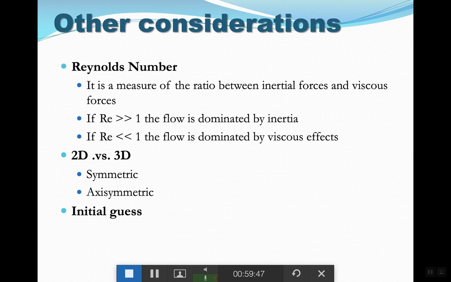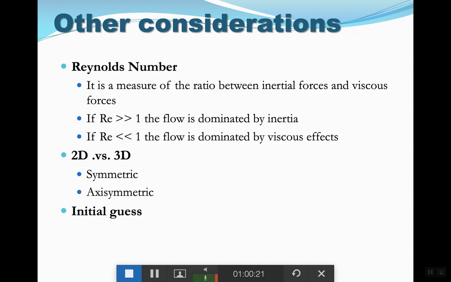There are other considerations besides these questions that you have to answer. Most importantly, the Reynolds number. Always calculate the Reynolds number, even if you're not asked to, because the Reynolds number determines many things. In addition to whether the flow is laminar or turbulent, it determines other things as well.